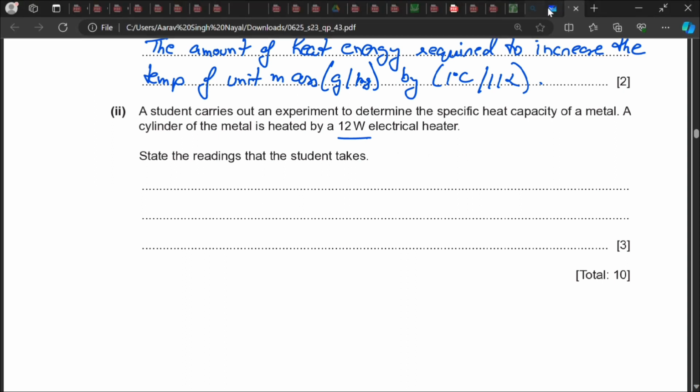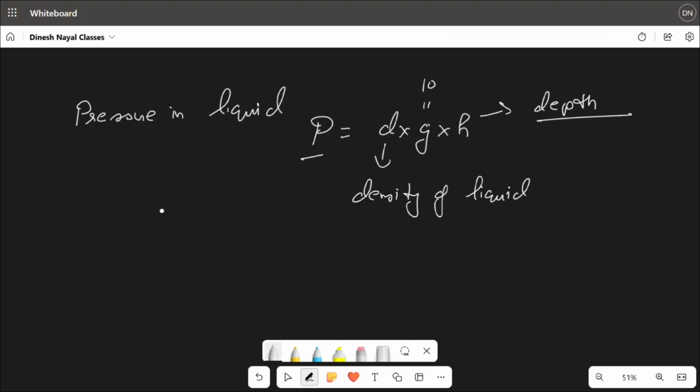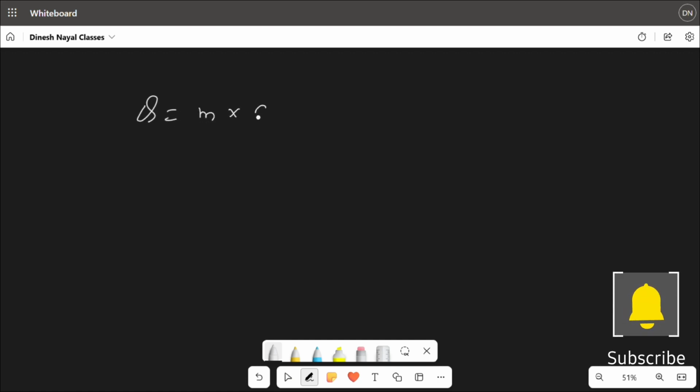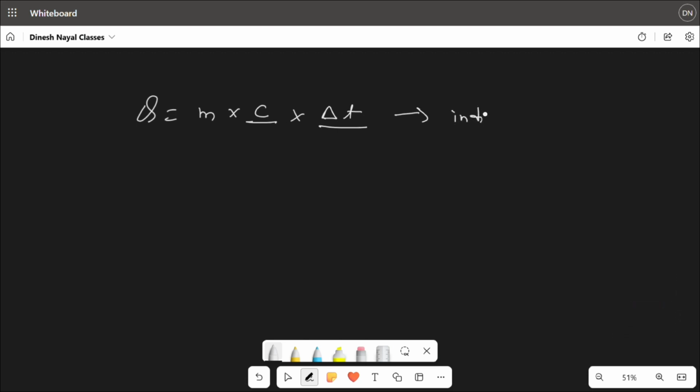Okay, let's go to the whiteboard. See, we know that the formula for the specific heat capacity is Q is what? Q is M into C, the specific heat capacity, into delta T. Okay, this is the change in temperature. So for the change in temperature, what should he note? He should note the initial and final temperature.